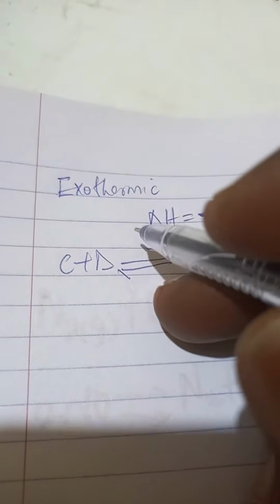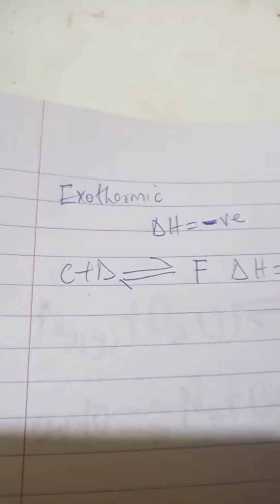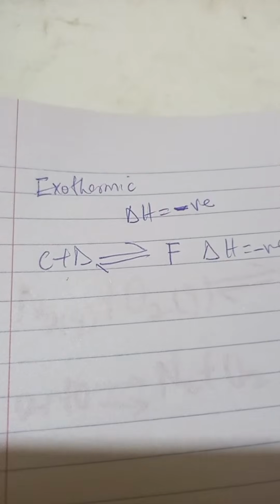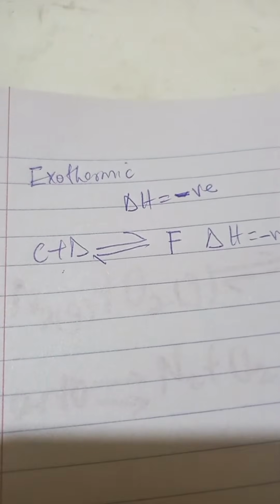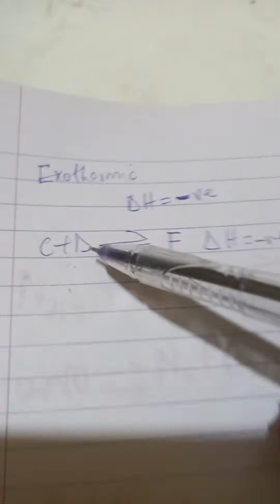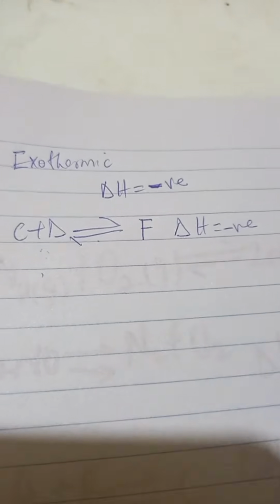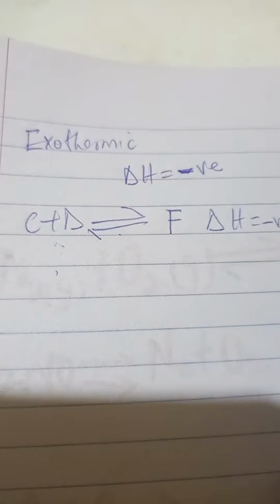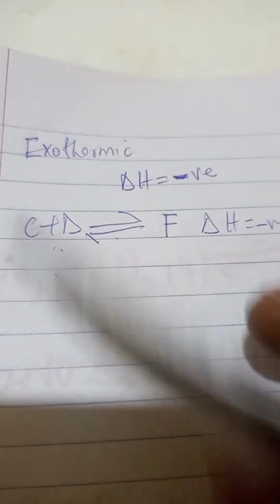When this exothermic reaction takes place, the environment will be hot. That means the environment should not be hot before. If you want this reaction to take place very well, don't make the environment too hot before you start. Let the environment be calm, then start the reaction. The reaction will proceed very well.